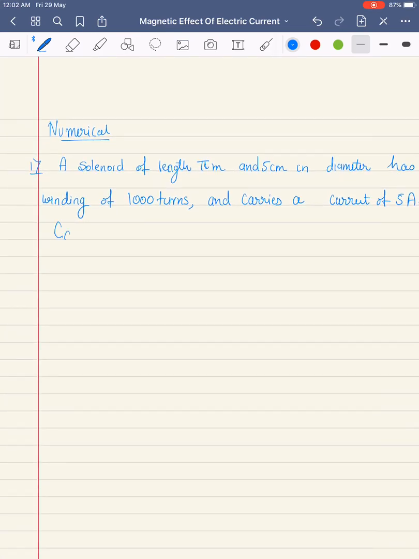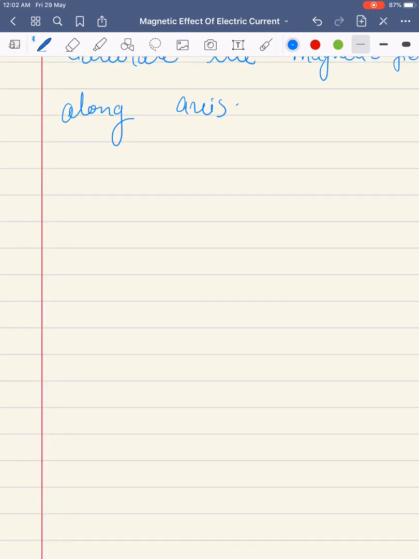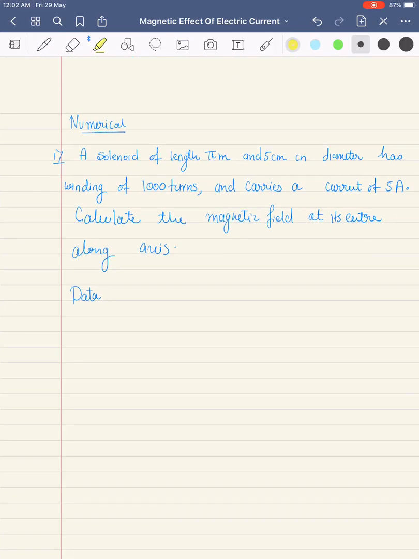So what we need to calculate is the magnetic field at its center along the axis. Okay, so if you look into the data, what is the data given to you?